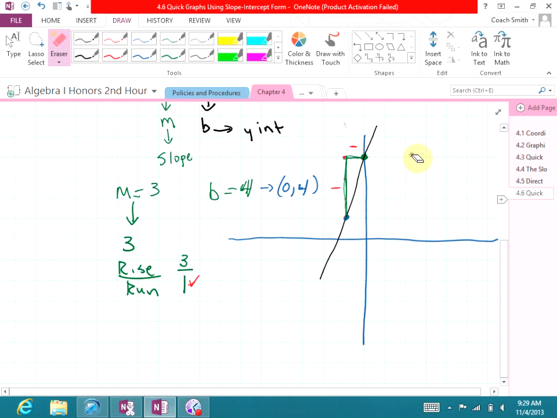Now, realistically, you need to have 3 points. So for me to do 3 points, I do the same thing. I go over 1 and down 3. 1, 2, 3. So that's my next point. So to get a better line, I do that right there, and I go through my line. Oops, it's hard to draw a line on this thing.